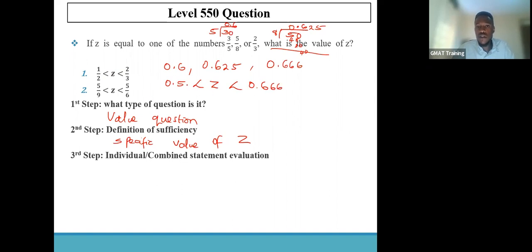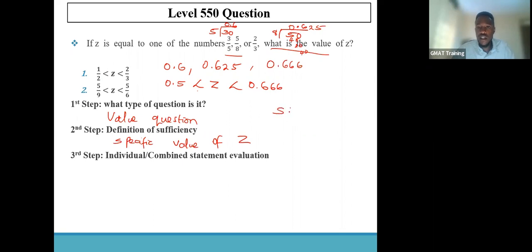So from this statement, we can tell that out of the 3 values that were given in the question stem, that is 3 over 5, 5 over 8, and 2/3, these two are the ones that fit within the region specified by statement 1, that 0.5 is less than z, which is less than 0.666. It's these two, 0.6 and 0.625. So then we can tell that statement 1 refers to two values of z.